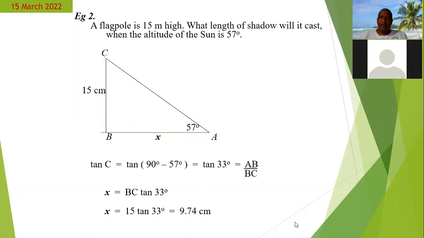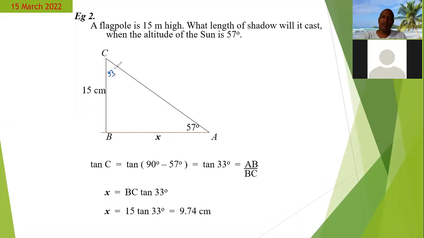All right, guys. So as I was saying now, we could have gone through this question using the angle at C, but it would require us to calculate that angle because that angle was not given in the question. But if we subtract 57 that was given from 90, we would get this angle at C to be 33.